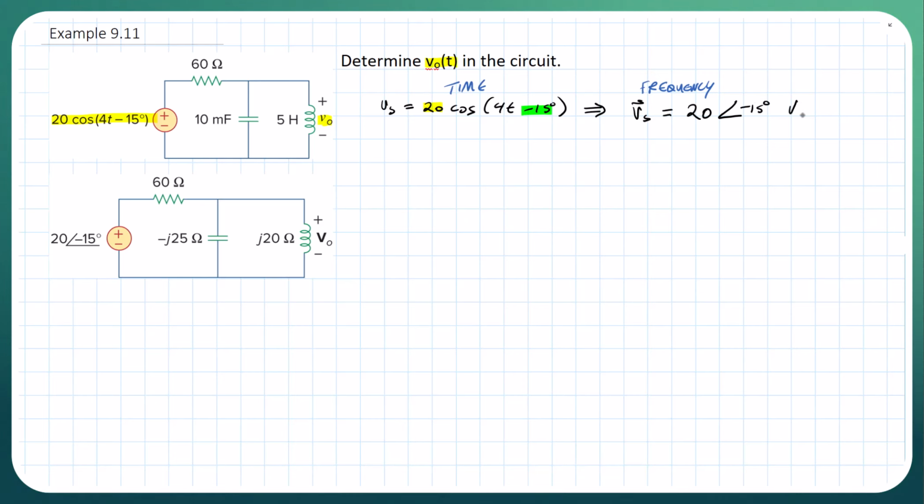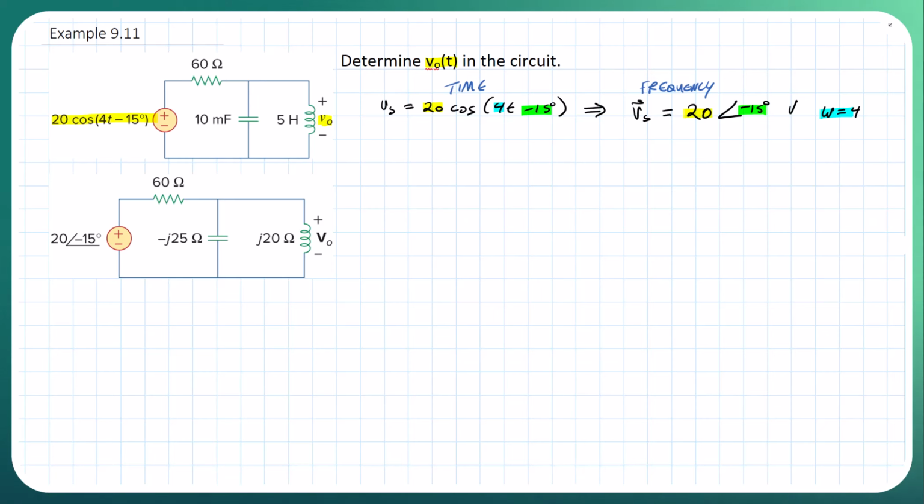The omega, or frequency, we'll just put on the side. We'll use that later on, so we'll just say our omega is equal to 4. So we got our omega here, we got our angle here, and we got our 20 here. That's how we take the voltage source and put it in phasor domain.